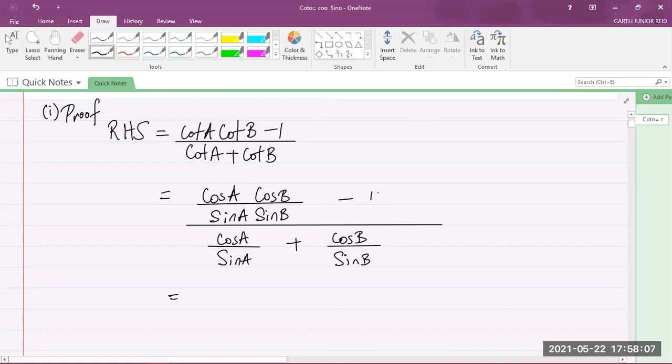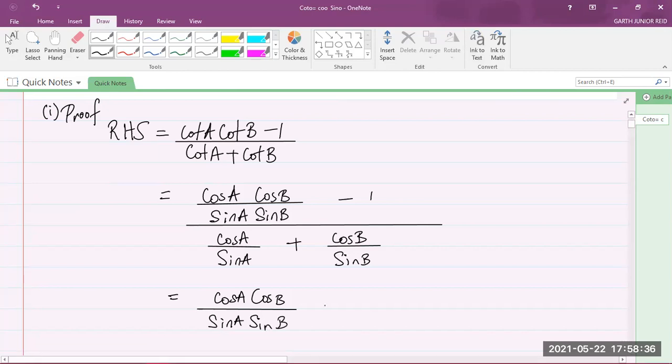I'm going to rewrite 1 as the sine of A times the sine of B divided by the sine of A times the sine of B. So I'm going to have the cos of A times the cos of B, divided by the sine of A times the sine of B.